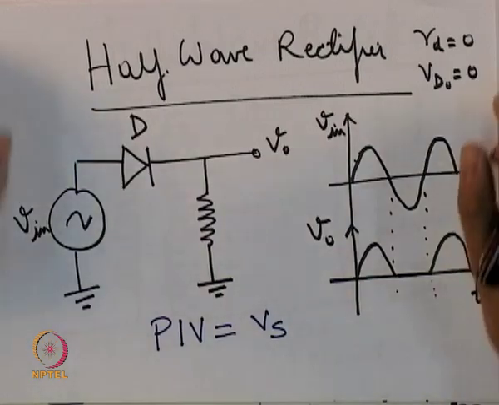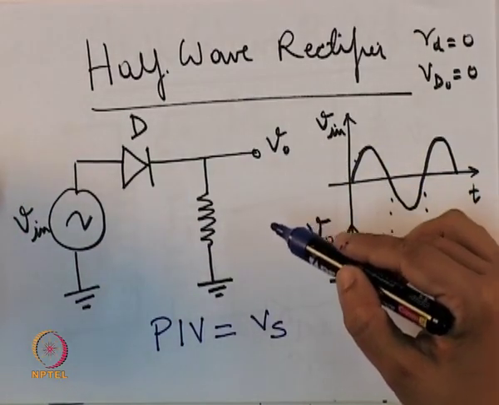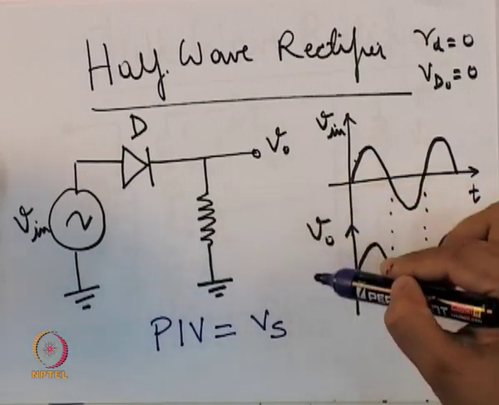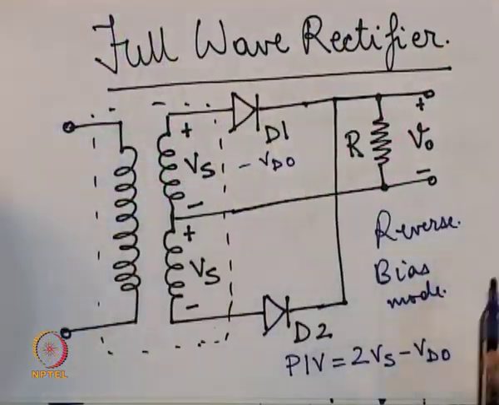Since we do not have any diodes conducting in the reverse biased mode, the peak inverse voltage is equal to Vs. Now, this is a problem for this kind of full wave rectifier circuit.